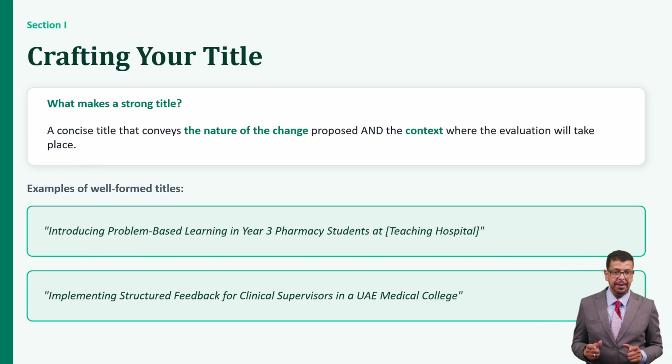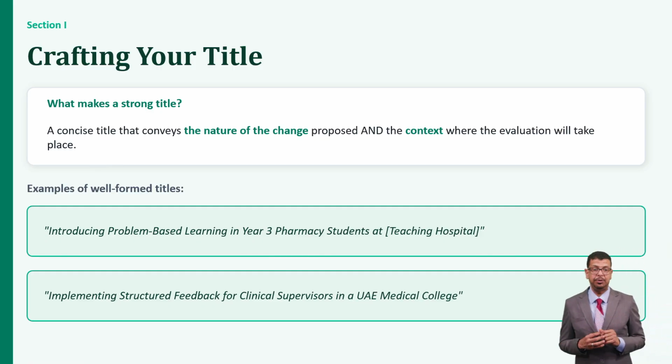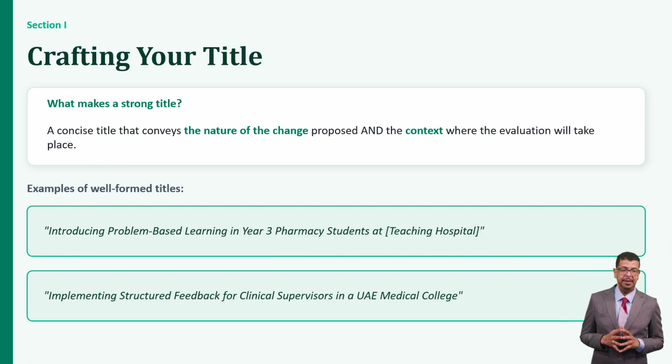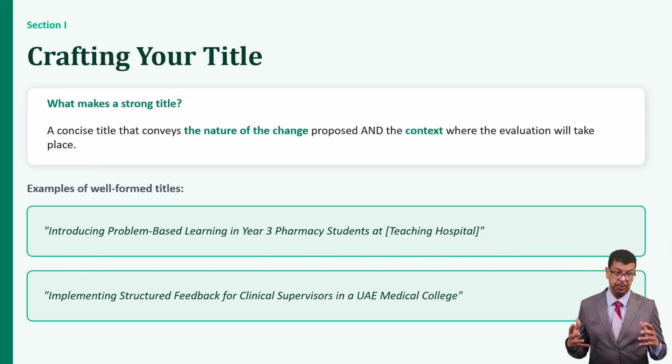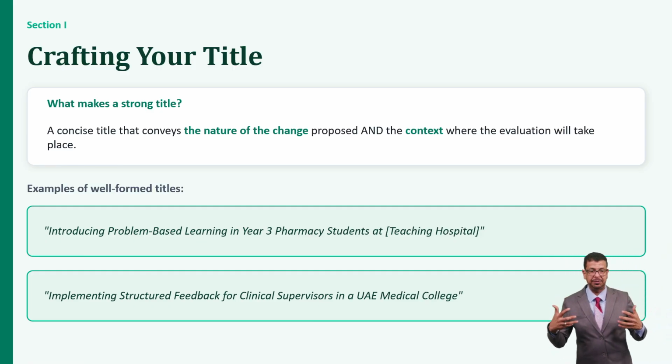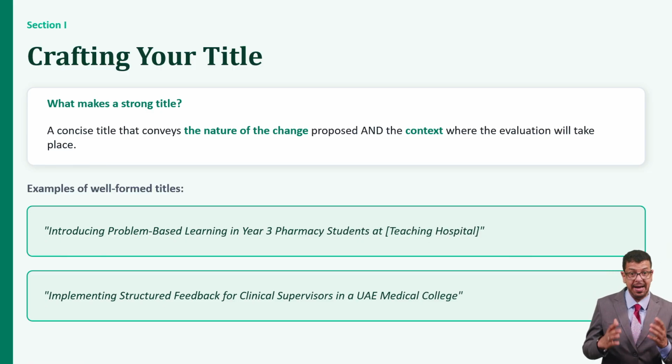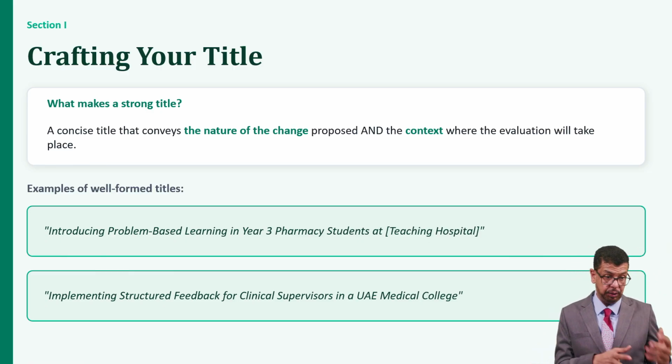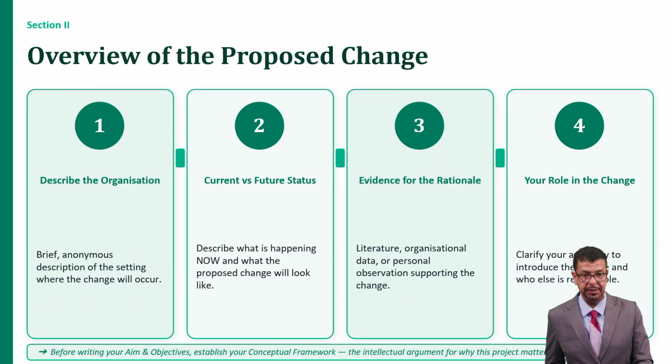And here are examples of well-formed titles. For example, introduce problem-based learning in year 3 pharmacy students at a hospital, or implementing structured feedback for clinical supervisors at a UAE medical college or a university.